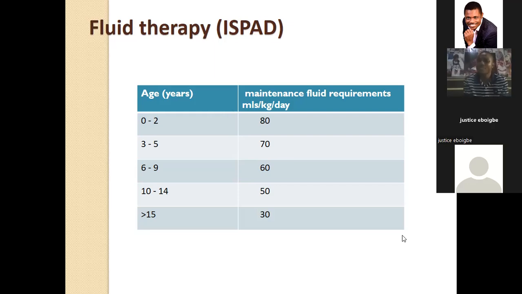So, 65 times the weight. What is the weight of the patient? 65 times 25. So what does it come to? 1,625 mils. That is the deficit, isn't it?